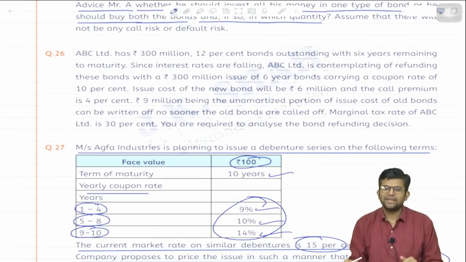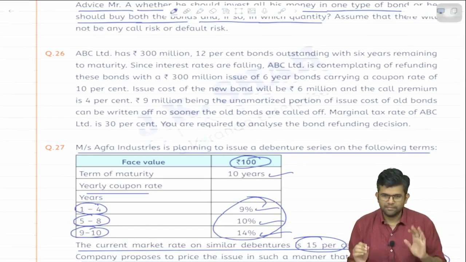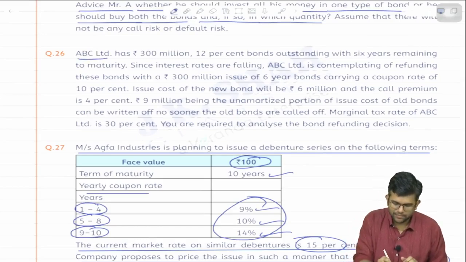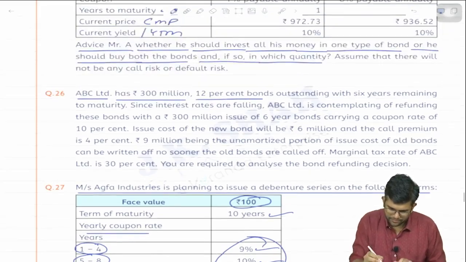See, there is this company, ABC Limited. It has 300 million rupees, 12%.